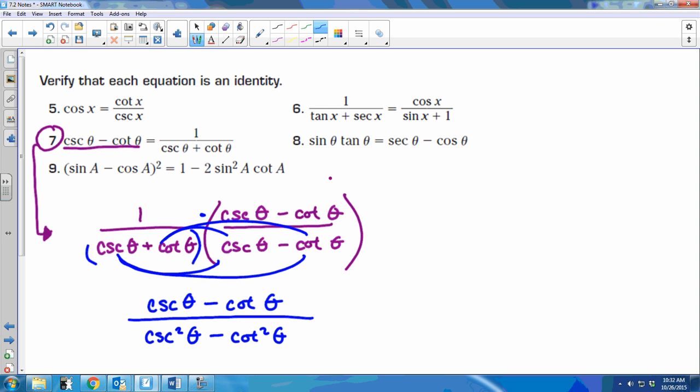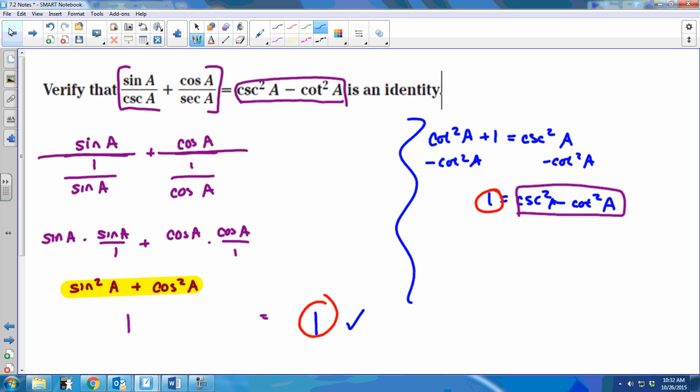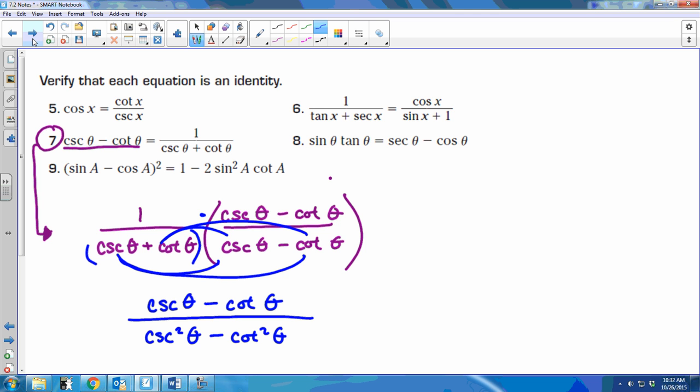Sidebar, I'm going to leave this page for about 15 seconds. In the last problem, on the last slide, we showed that cosecant squared minus cotangent squared was 1. We have the exact same thing here: cosecant squared minus cotangent squared.